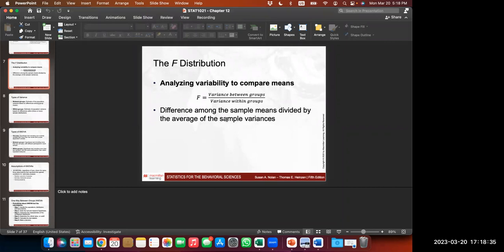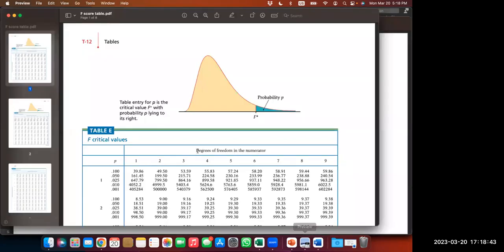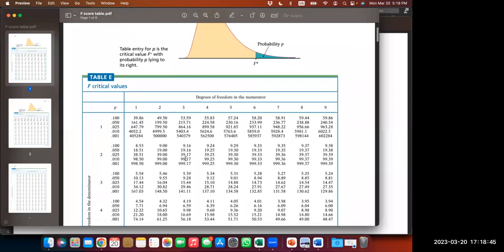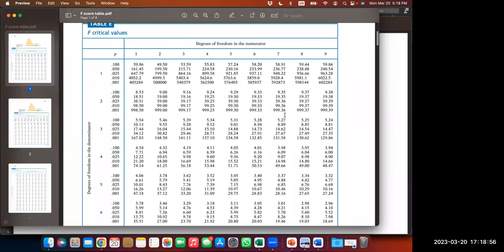So between groups is the numerator and within groups is the denominator. If you go to the F-score table, the degrees of freedom in the numerator, which is your between groups, are organized in the columns, and the denominator comes in the rows.